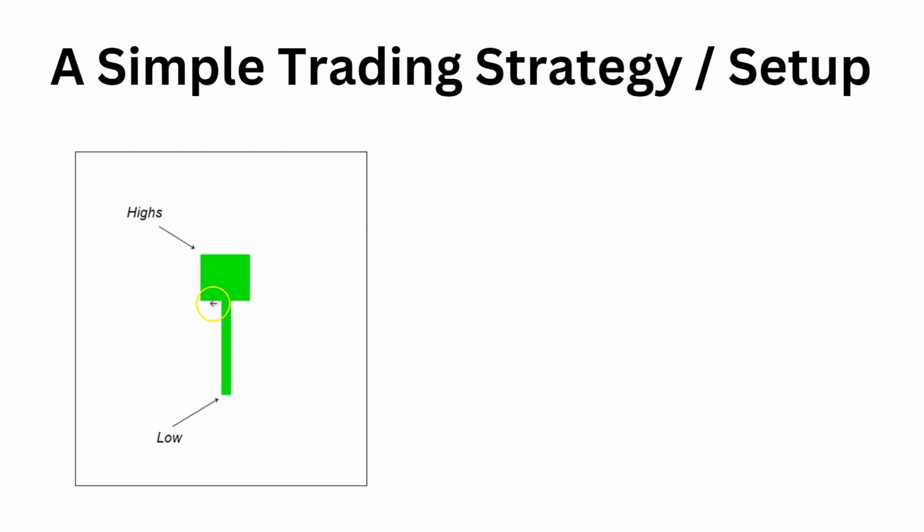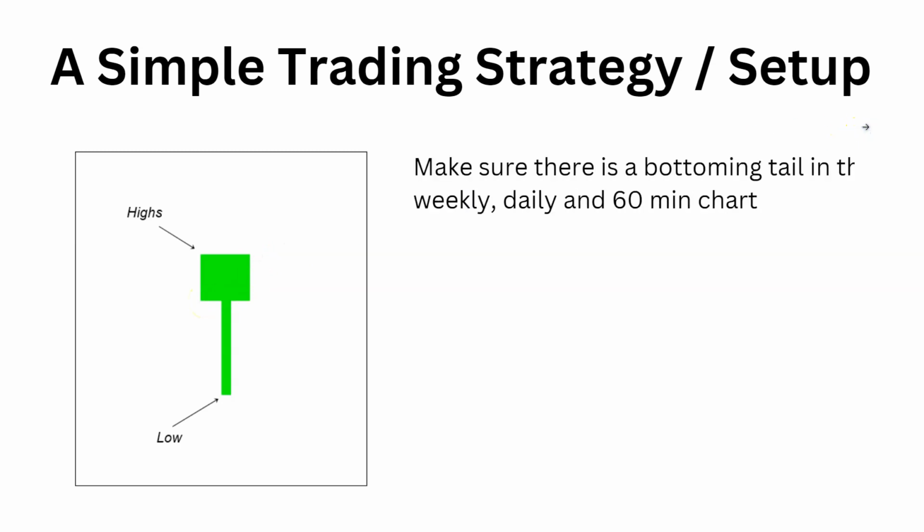Since it's green, it means the stock opened here, traded lower, and then closed higher. Number 1, make sure there is a bottoming tail in the weekly, daily, and 60-minute chart. Alright, if you see 3 bottoming tails, it's a powerful setup.